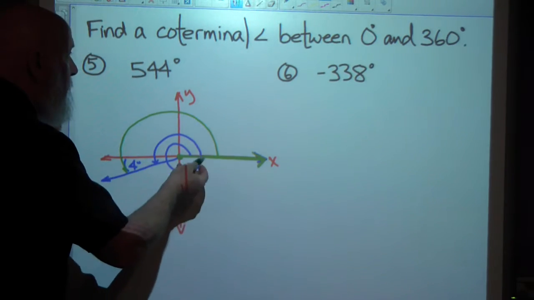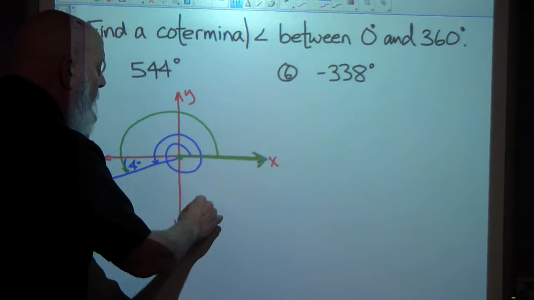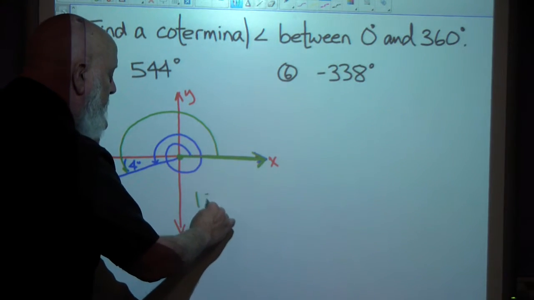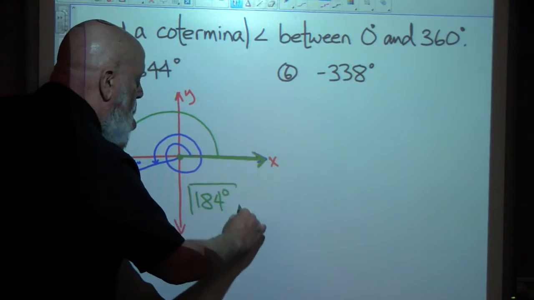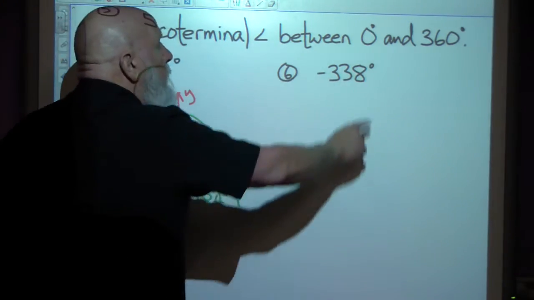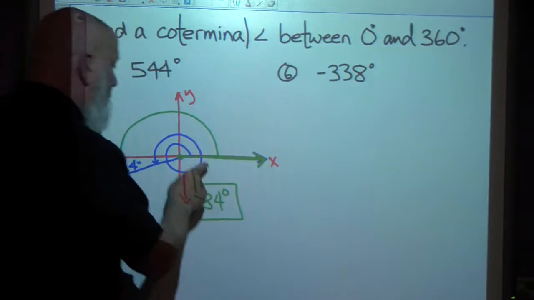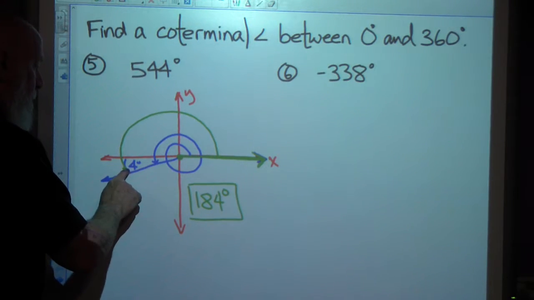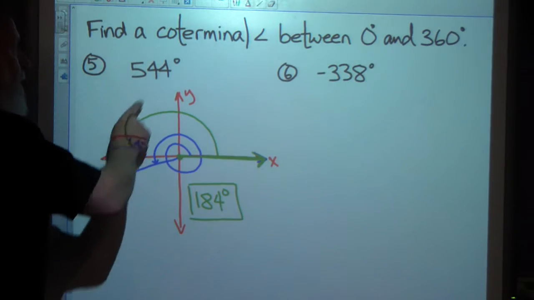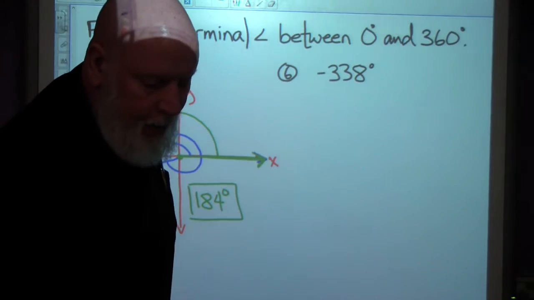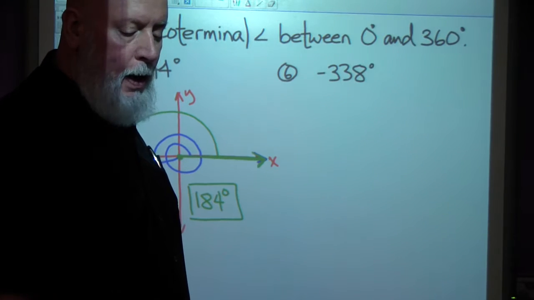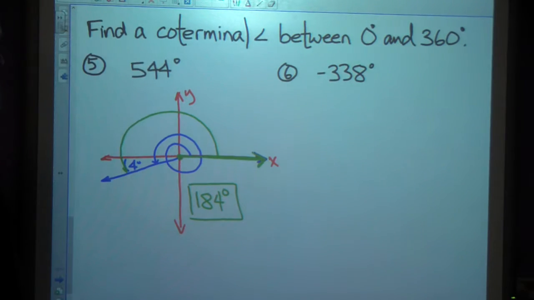So my coterminal angle would be 184 degrees. That's limited to between 0 and 360 degrees. That's the limits we placed on it. And it stops in the exact same place as 544 degrees if I haven't made a mistake. Let's see if I got that right. Yay, 184.